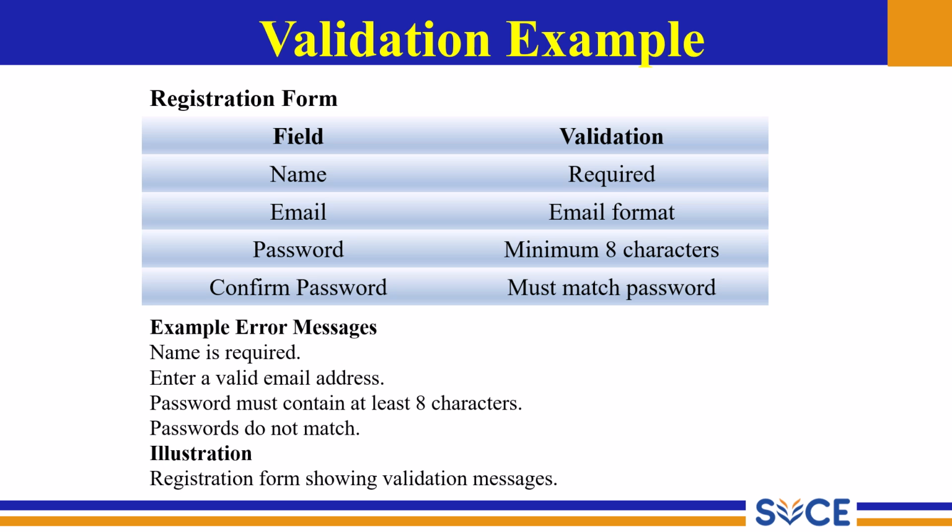Suppose the password entered is React123 and the confirm password is also React123. If it mismatches, the application immediately displays passwords do not match. This helps the users correct mistakes before submission. Notice how validation improves the user experience.